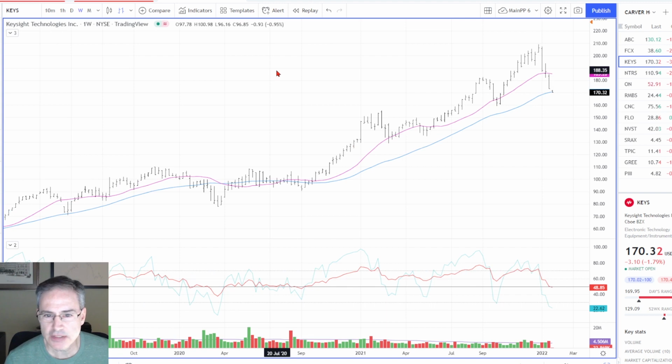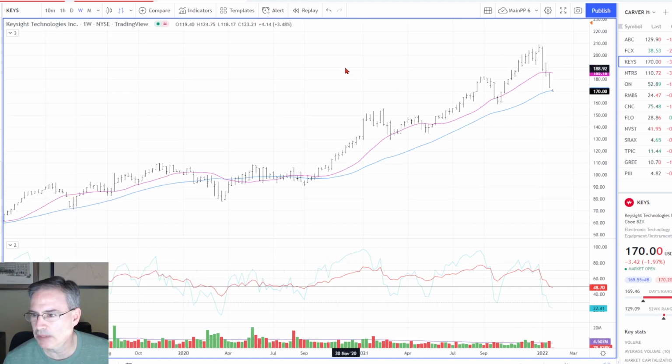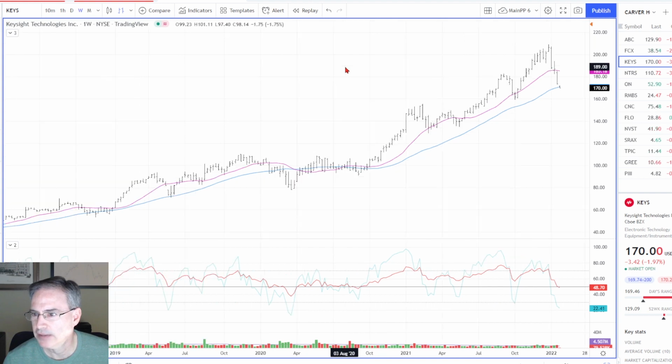Now, this approach will work on all time frames. I've looked at it in all time frames, and you definitely can use it across the board. But I want to use a couple weekly examples today. I think it's a great time frame to use for this strategy, and this has a couple of really nice examples.